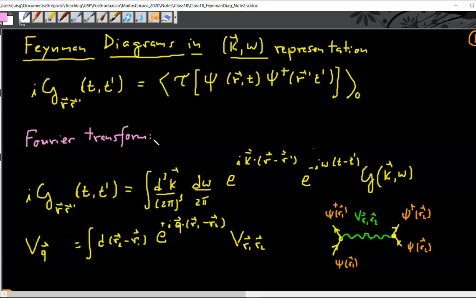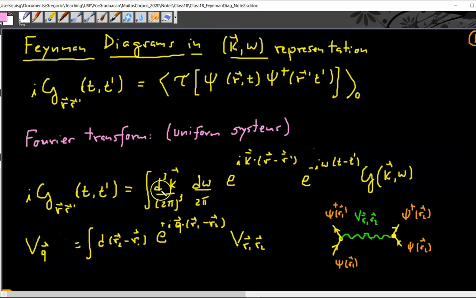So in the case of uniform systems, where momentum is a good quantum number, is conserved, you can think of a Fourier transform in both space and in time. Of course, the Fourier transform in time you can always do if this is only a function of t minus t', and so you can write this as this, right?